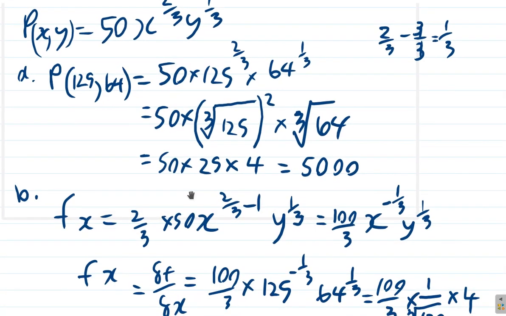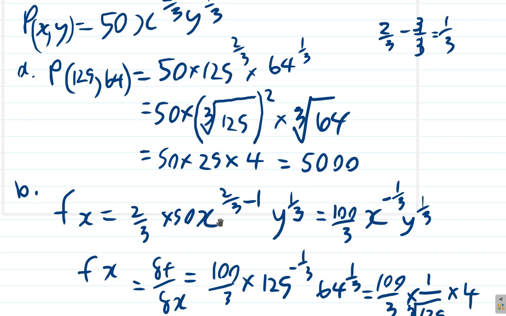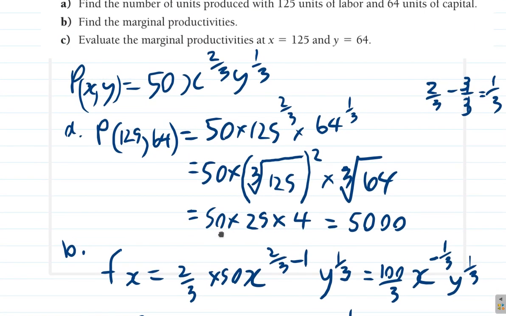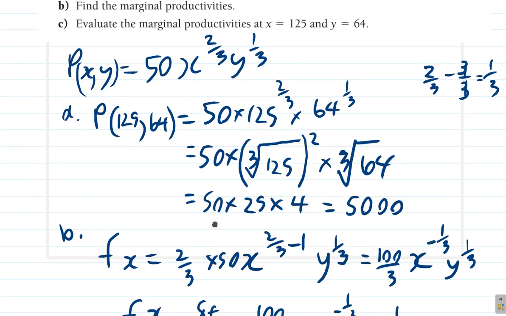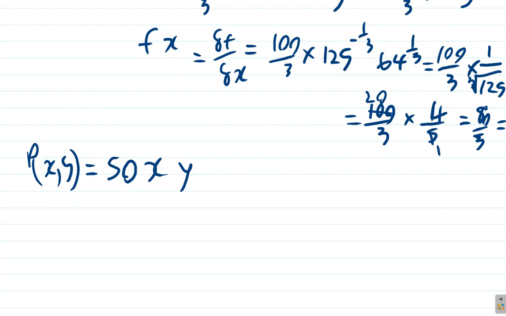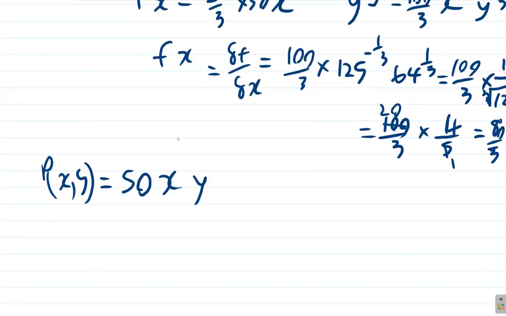Remember, the marginal productivity itself would be 100 over 3 x to the negative 1/3 y to the 1/3. What about the other marginal productivity now? Remember, P of x, y is equal to 50 x to the 2/3 y to the 1/3.